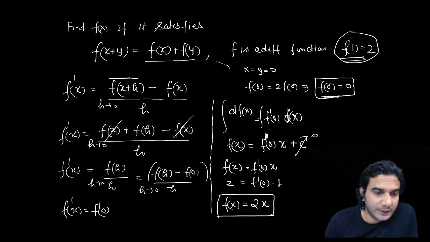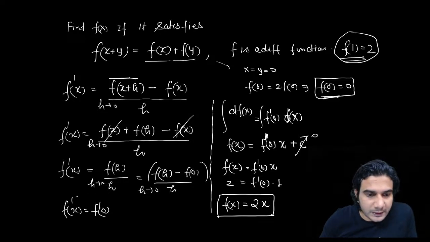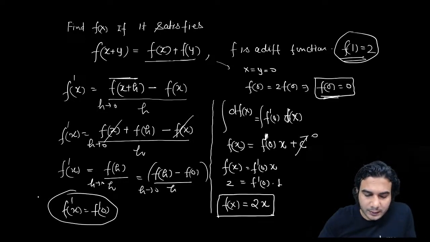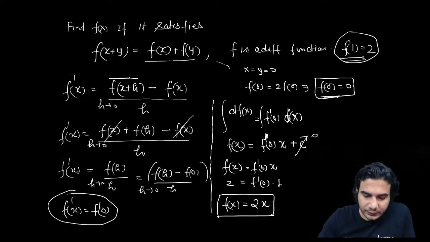I mean f dash this step. We'll reach to this step directly, okay? I mean we can reduce 2-3 steps by applying that method. All right, so have a look, see if it is clear, let me know.